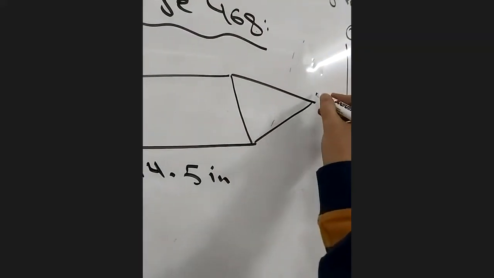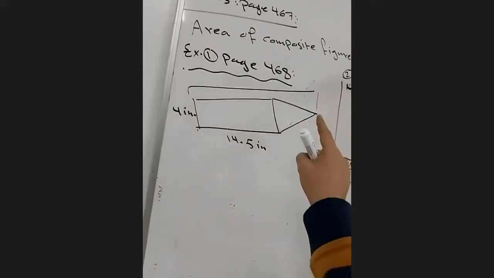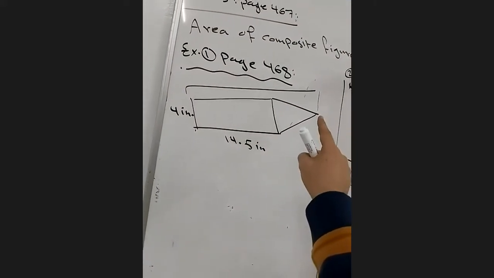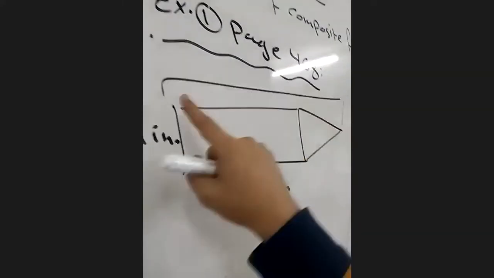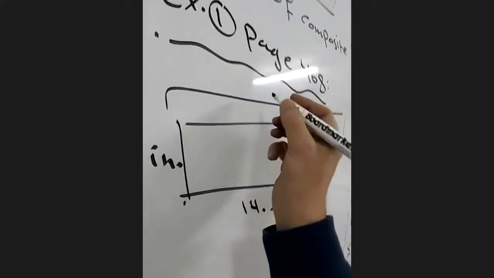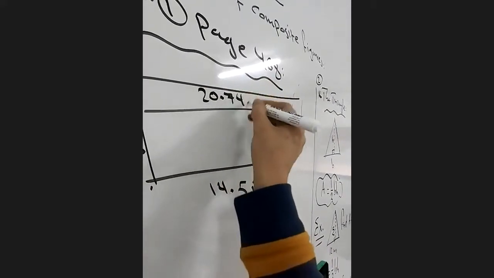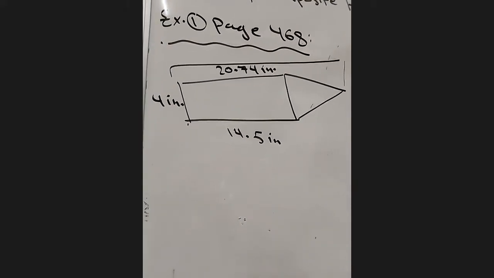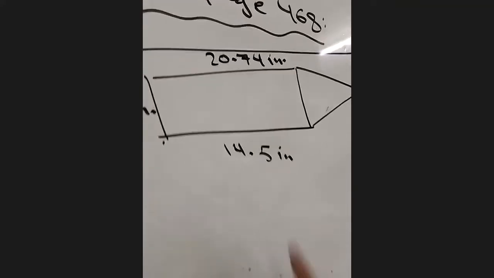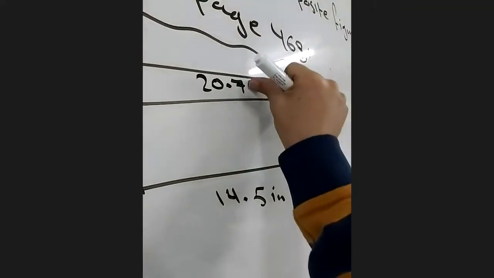And this here, guys, from the head of the triangle to the end of the figure, what's the distance here? The length. 20.75 inch. Focus, Faris. What we have here? 20.75.